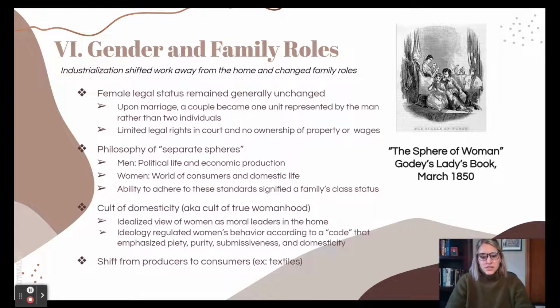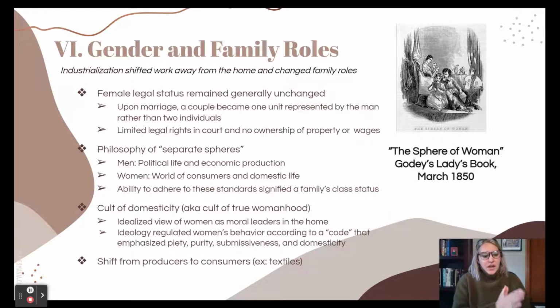And this fueled the idea of the cult of domesticity, which is also known as the cult of true womanhood, that women were the moral leaders, and there was a code that basically governed how they were supposed to behave according to purity and submissiveness. And so we see lots of publications, books, magazines, newspapers that re-emphasize the proper sphere of the woman.